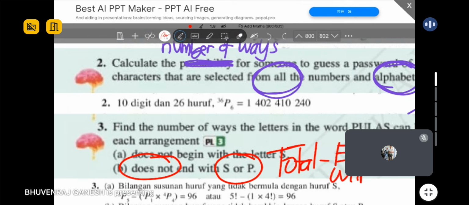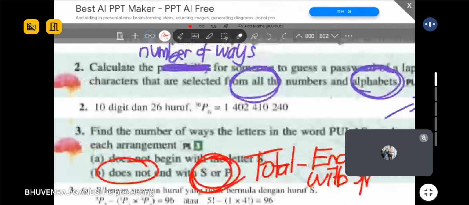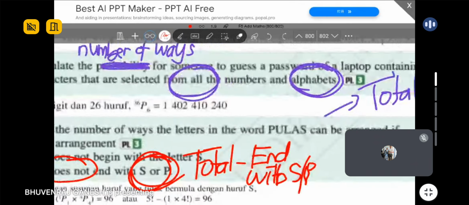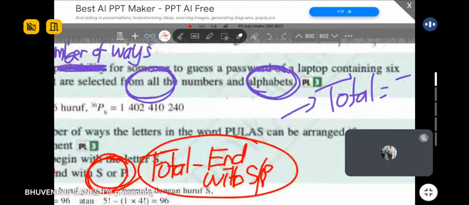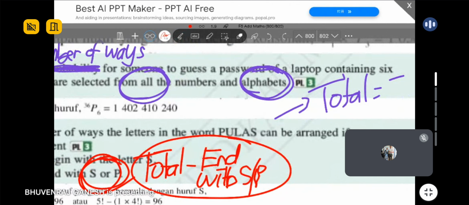So basically, when you see 2 letters like this, you use this method, much easier. If not, the other method is slightly harder. Kaedah tu lebih susah. So you must use the indirect method, kaedah yang tak langsung sangat. Can you all understand, guys?